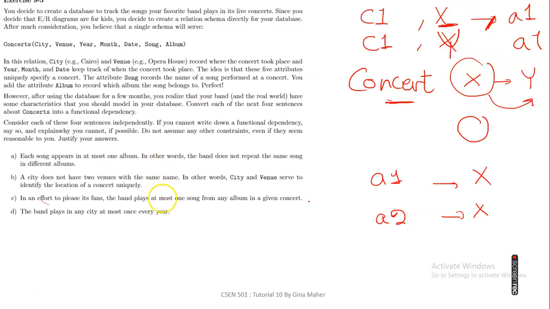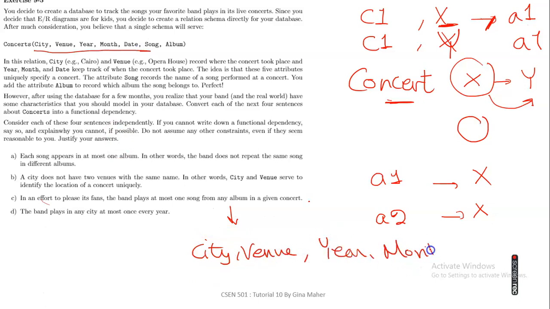Okay, so in this case, the concert and the song together imply the album. What identifies a concert? Actually, the 5 attributes: city, venue, year, month, and date.